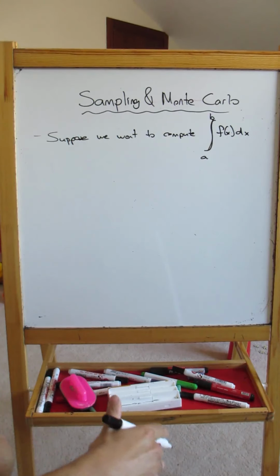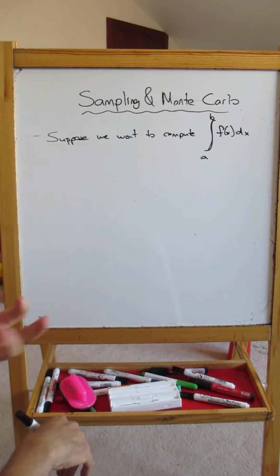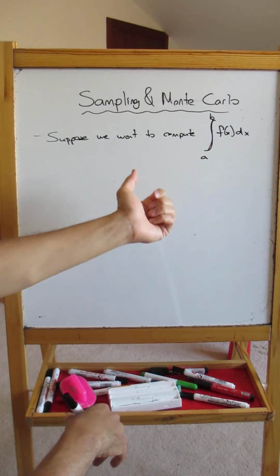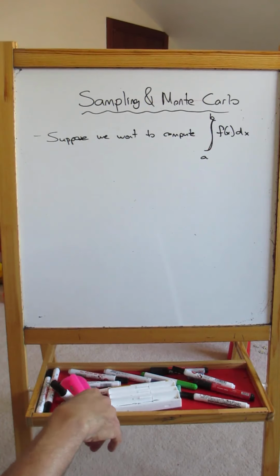So we are going to be computing the value of the integral this time. We are not computing the expected value. We just want to compute the integral of this function f(x) from a to b.